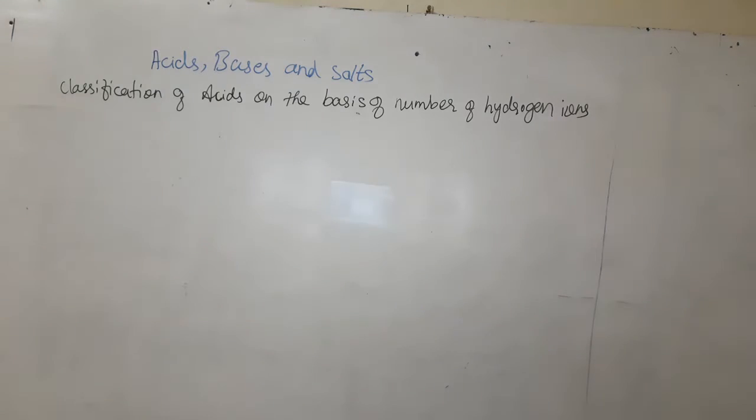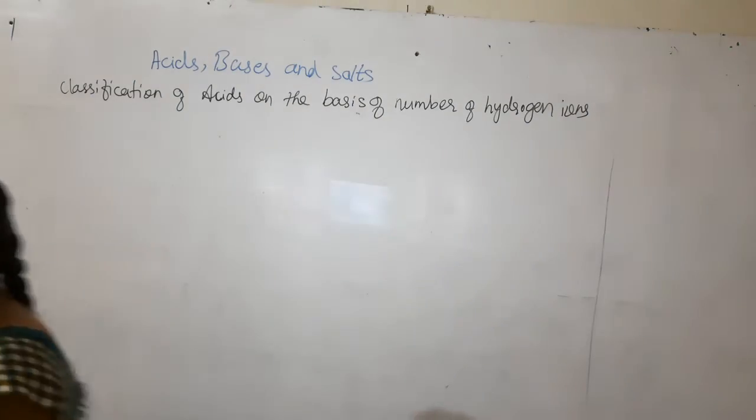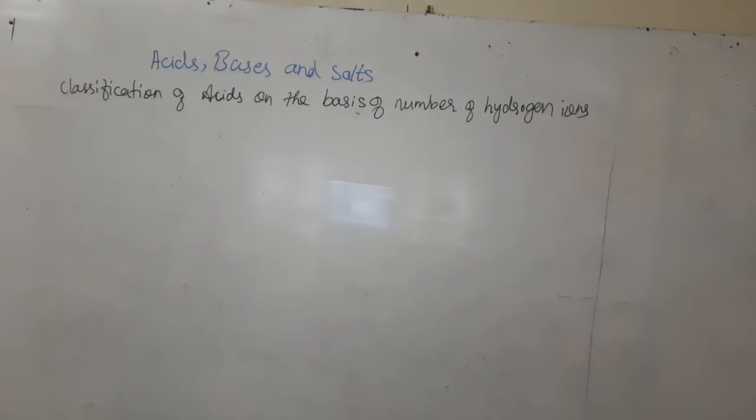Okay. So here the acids are classified on the basis of number of hydrogen ions. How are they going to be classified? The term we use to classify on the basis of number of hydrogen ions is the basicity of an acid.